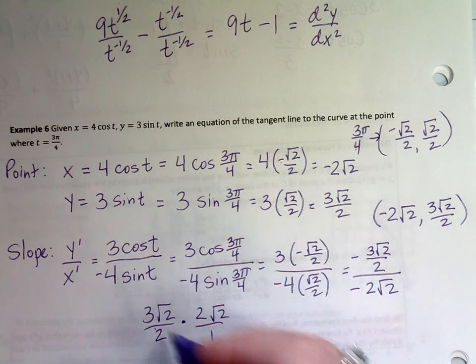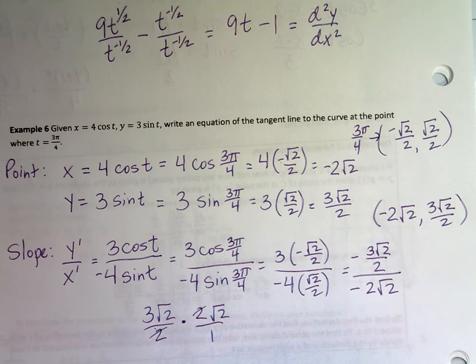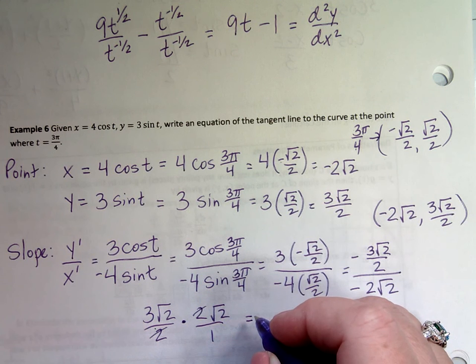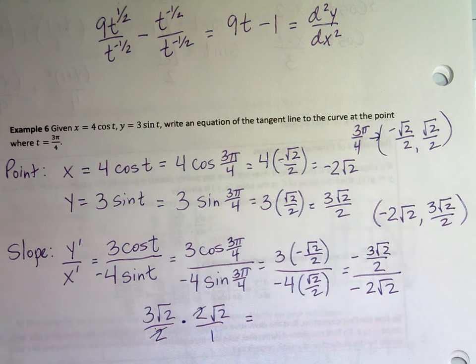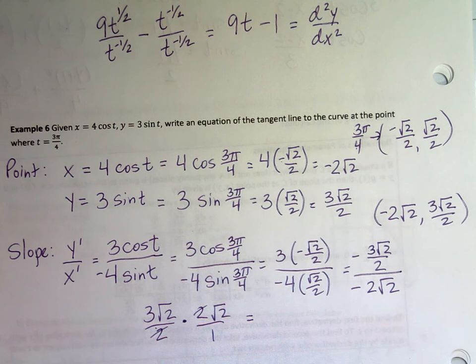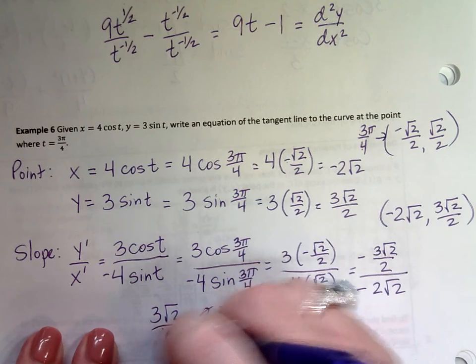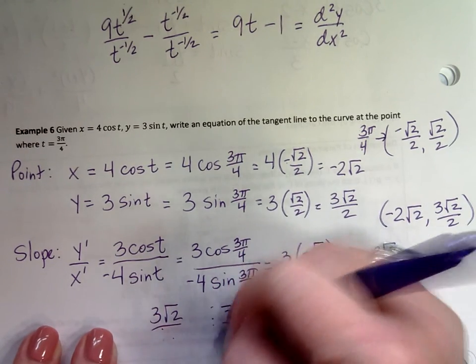The 2's cancel. 3 times the square root of 4 is 3 times 2. That gives me not the slope I wanted. Hold on. All right, let me go back a step. I'm trying to cut corners and it's not working.